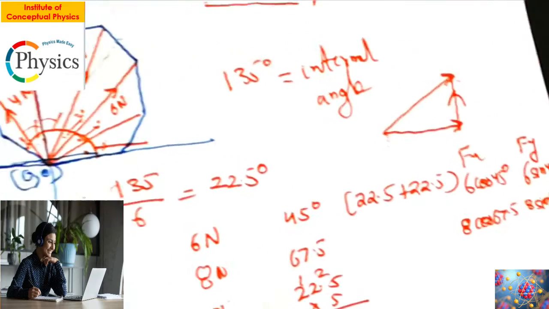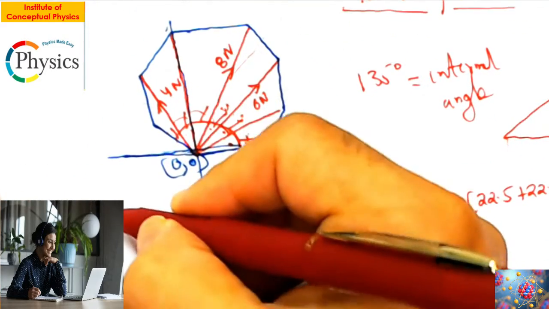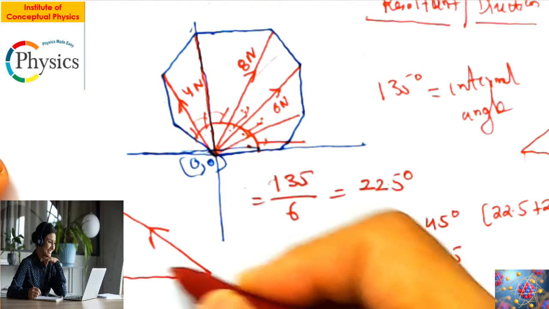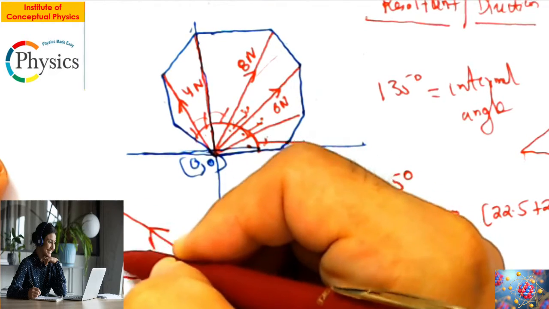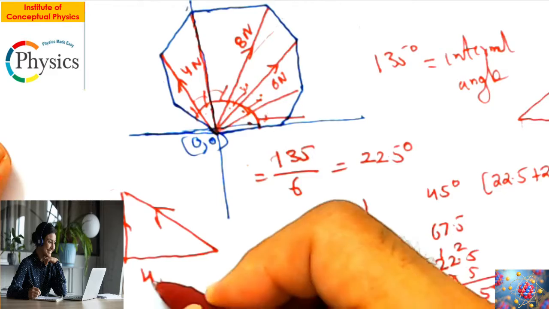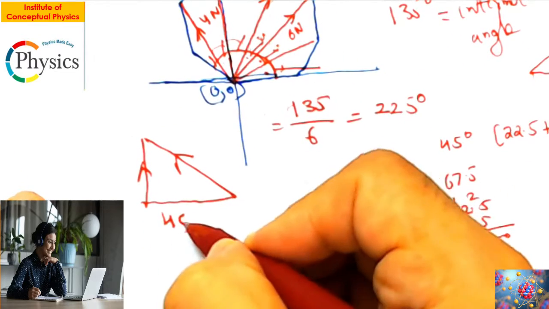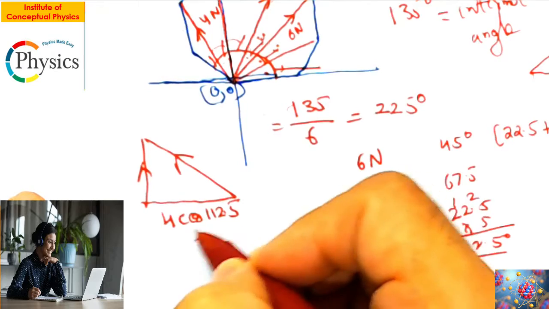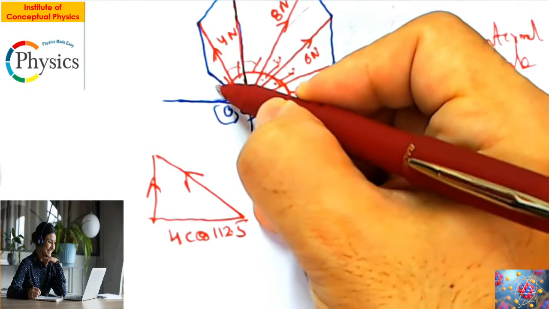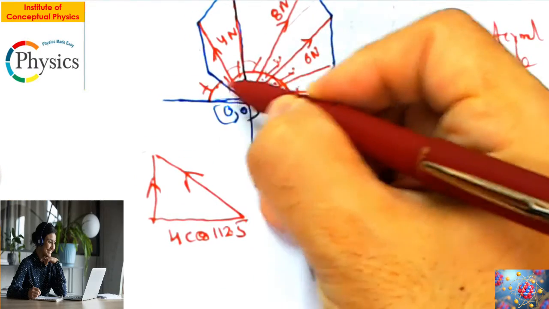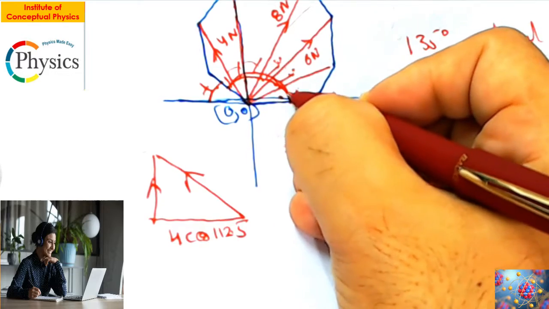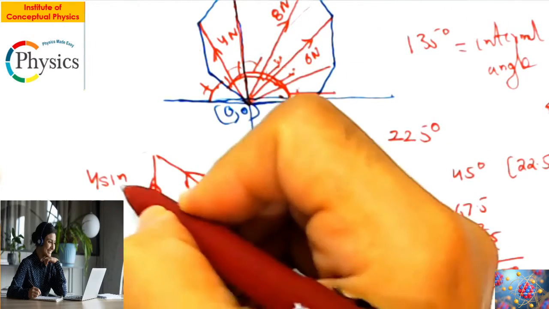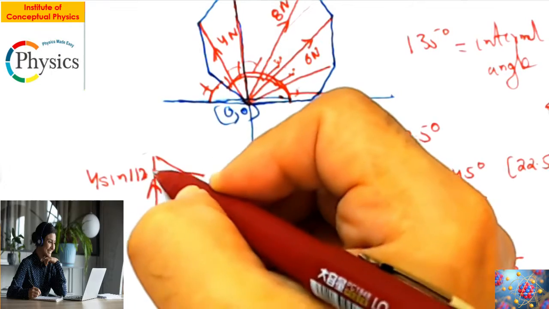And when I talk about 4 newtons, it is in this direction. So the way you resolve this is on the left hand side, which is the negative x-axis. So this becomes your 4 cos 112.5, and 4 sin 112.5 degrees.